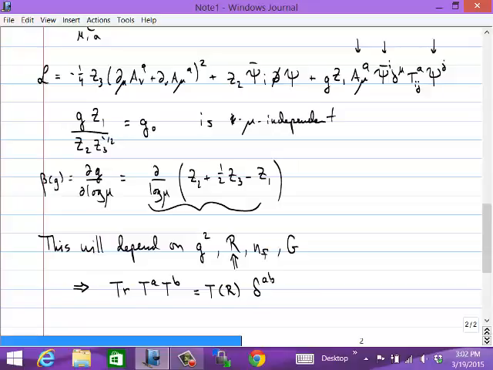So for a given representation, if T sub R is the matrix in that representation, then the trace of TATB is proportional to the identity matrix with a constant of proportionality that is called T of R. It depends on the representation. So, for example, for SU(N), T of the fundamental representation, that is the N of SU(N), was equal to 1/2.